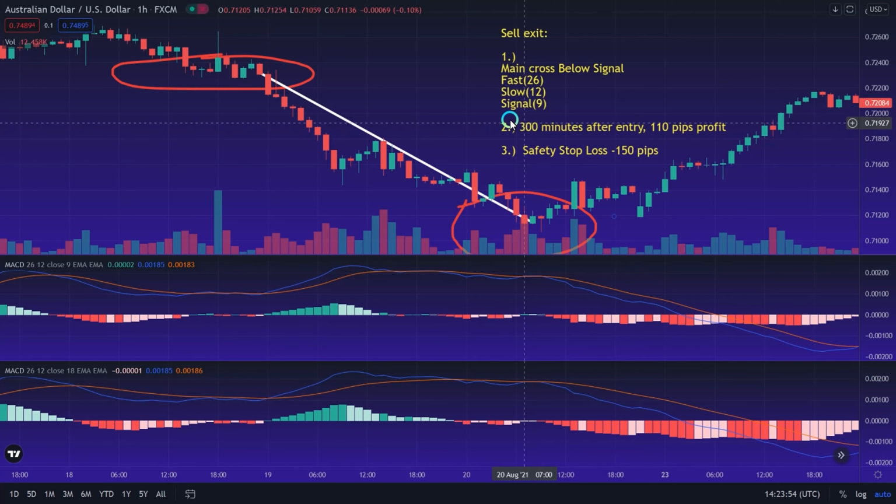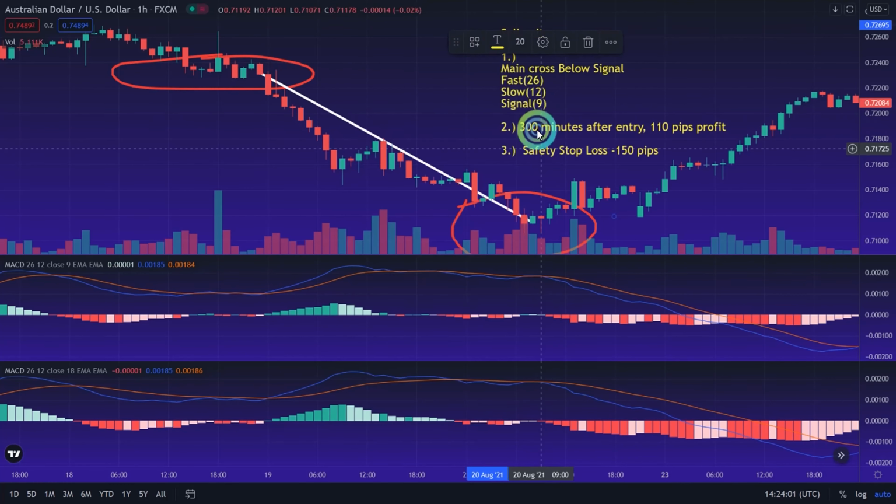But in my own EAs and strategies, I use most of the time 3,000 to 5,000 minutes after entry, because I trade for the long term. And so I just want to say that you should use the numbers that you are comfortable with.